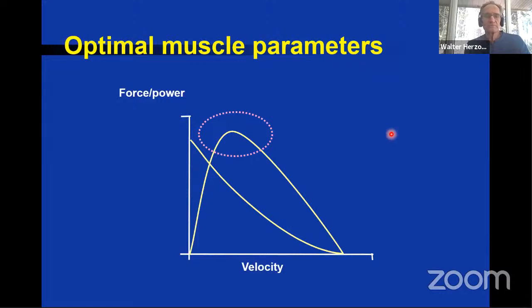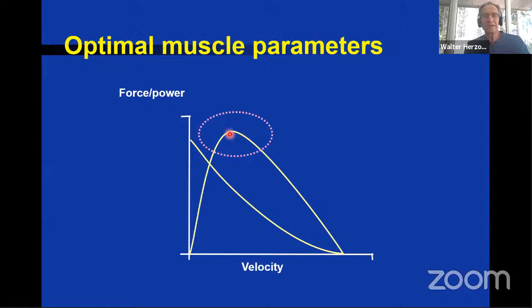If we now go to the optimal muscle parameter, then of course in many sports, if this is our power-velocity relationship, we would like to work for many explosive types of actions, for example, like shot putting or high jumping or sprinting.